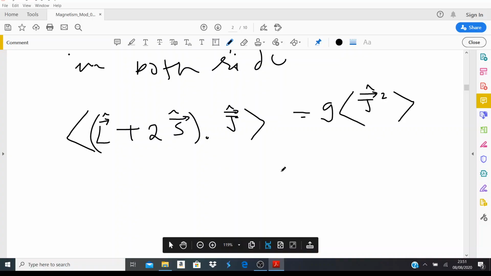In this notation it's not really clear that it's an expectation value, but the question you should ask is what is the state, right? I have always mentioned that to find the expectation value you need to know the operator and also the state on which you want to find it.